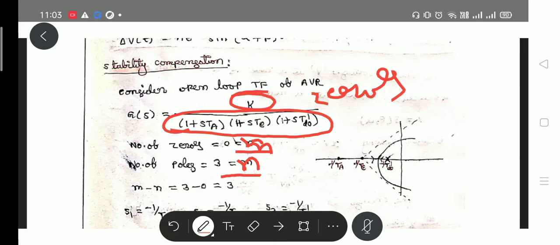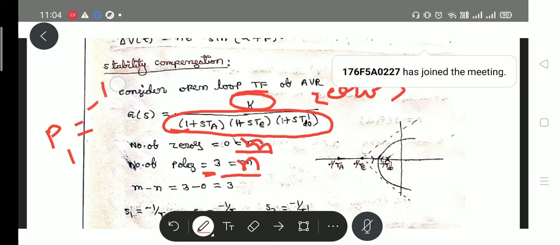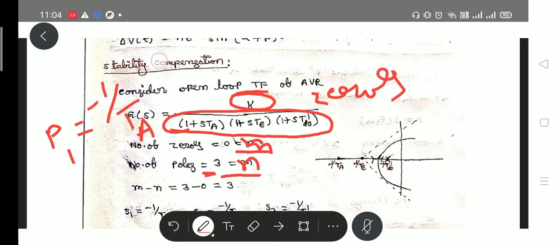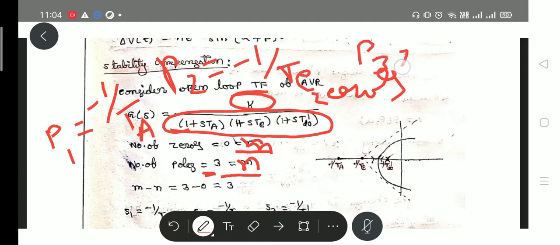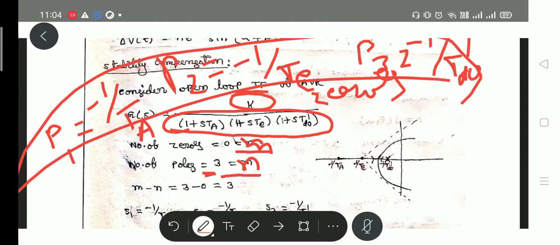And the number of poles here is 3. P1 is equal to minus 1 by TA, P2 is equal to minus 1 by TE, P3 is equal to minus 1 by TD naught. These are the 3 poles in the system.